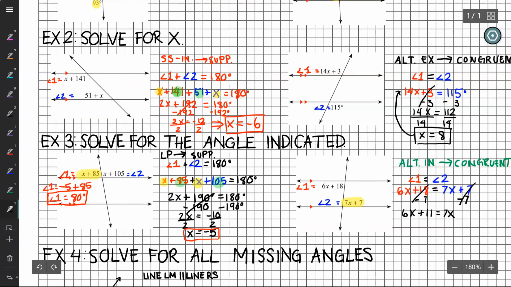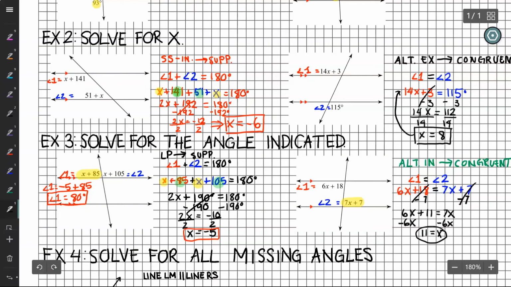And now I want to get all my x's on the other side. So I'm going to subtract this 6x so that I don't end up with 0. So I have 11 equals 7 minus 6 is 1. We don't write 1x, we just write x. And there is the first part of our answer.